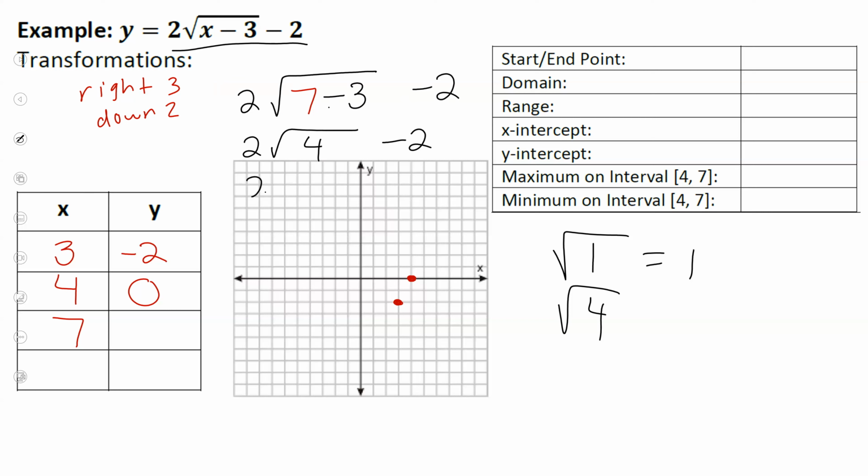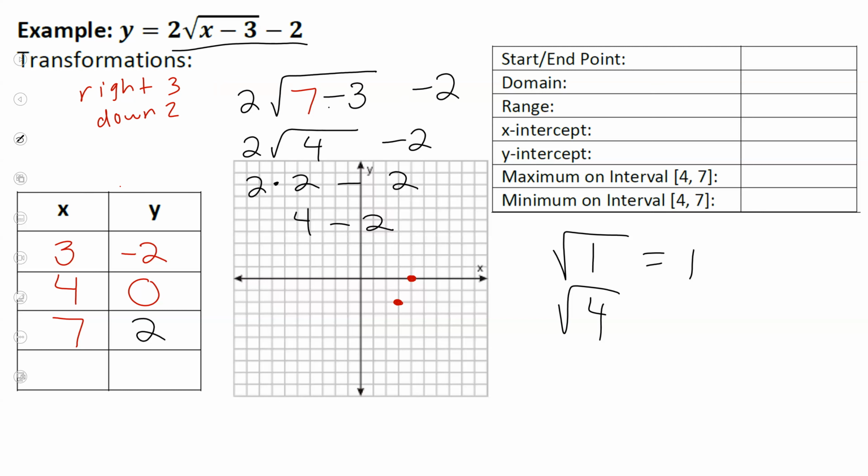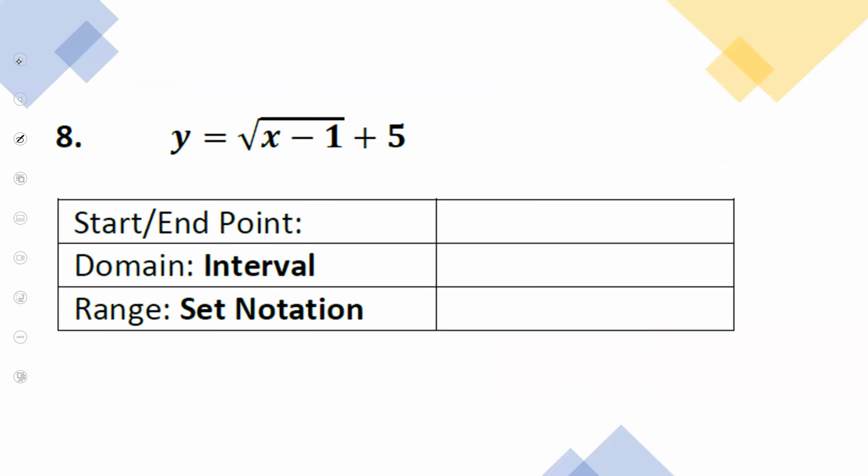So this will be 2 times 2 minus 2. 2 times 2 is 4. Subtract 2, you get 2. So we have 7 and 2. Go ahead and plot that on your graph. So this is your graph, and then you can answer those questions. Okay, so I'm going to let you guys continue working on this.